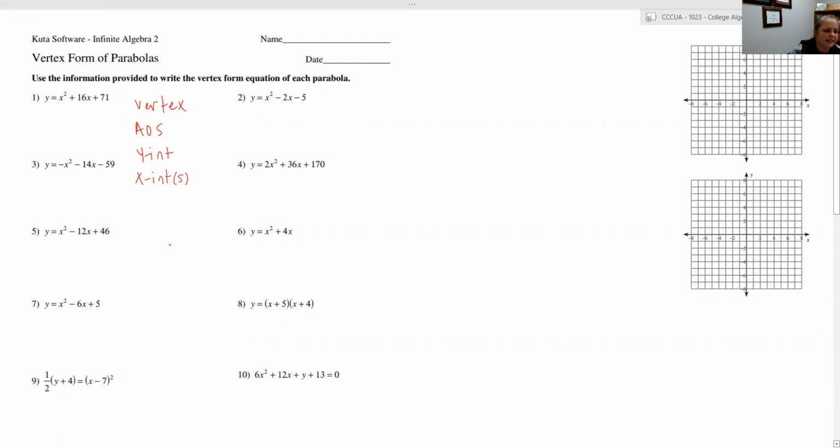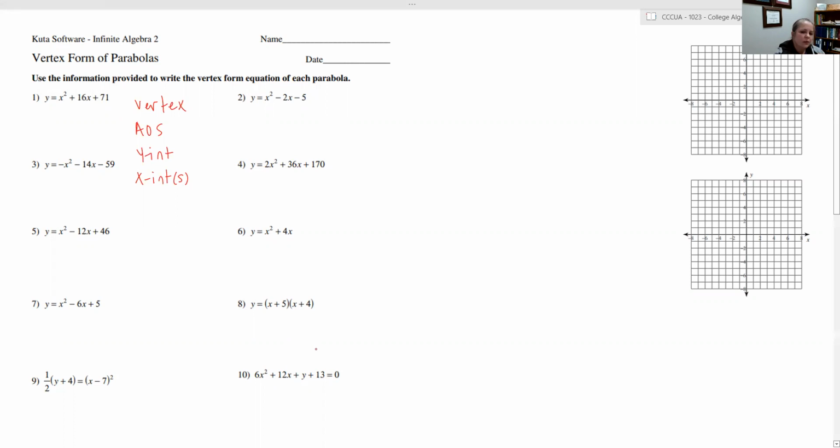Now, we're not guaranteed x-intercepts because if you've done some of these solving quadratic equations already, you've seen that you could get some imaginary numbers, the x values that have an i in them.